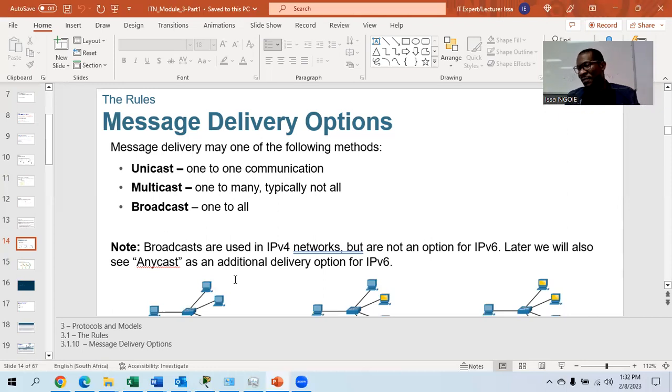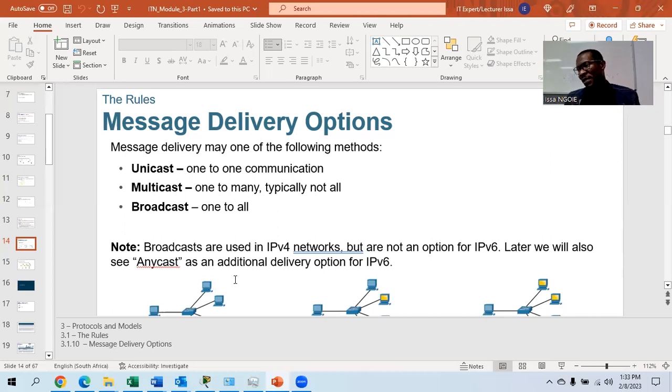We call it broadcast. So there are three options: unicast is one-to-one communication, one device sending to another device; multicast is one to many; and broadcast is one to all. Right?